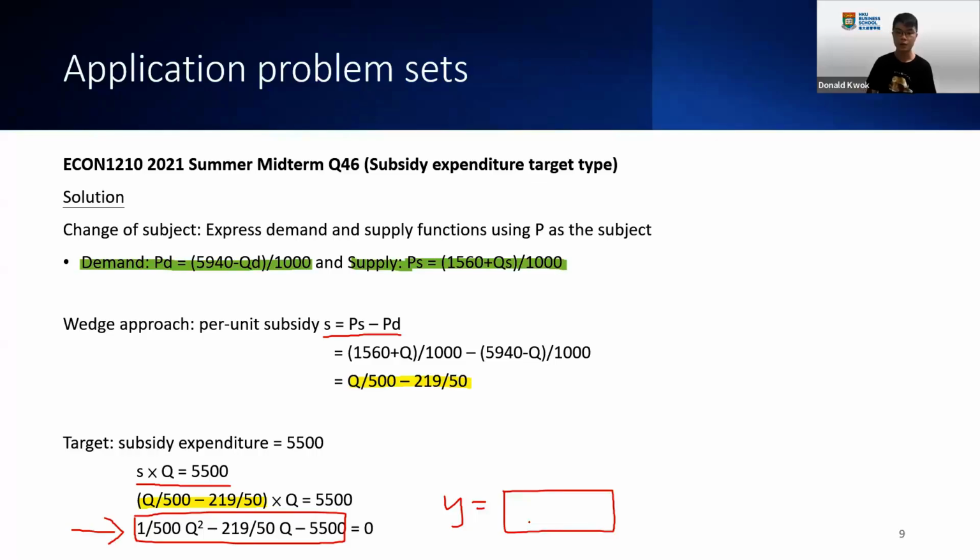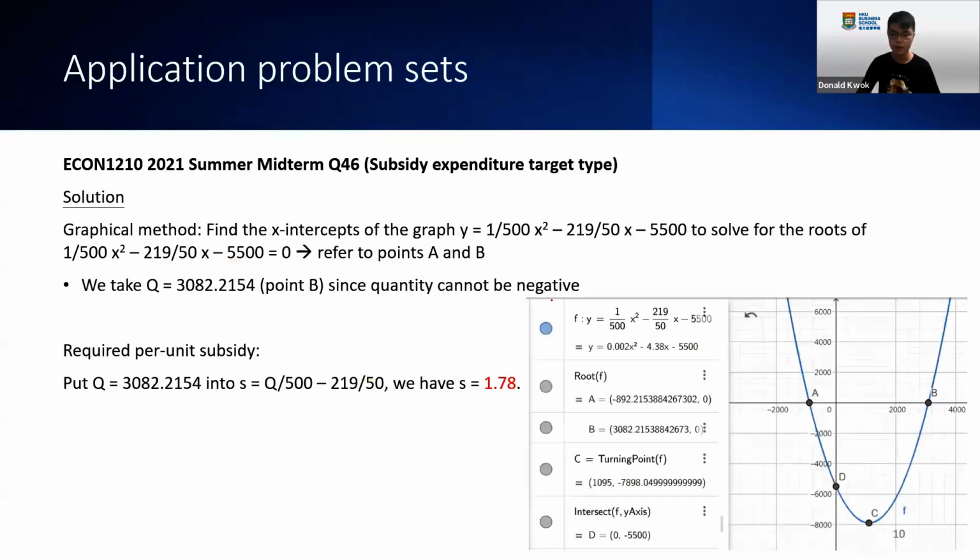Then we are able to find the x-intercept of this quadratic graph as the solution of Q. This is exactly what I'm doing in the GeoGebra screenshot here to type the quadratic graph. Naturally, we have two x-intercepts for a quadratic function, and we should reject one of them in our answer. We should reject point A because we should not have a negative quantity. So this is why we should have a new quantity of 3,082 point something.